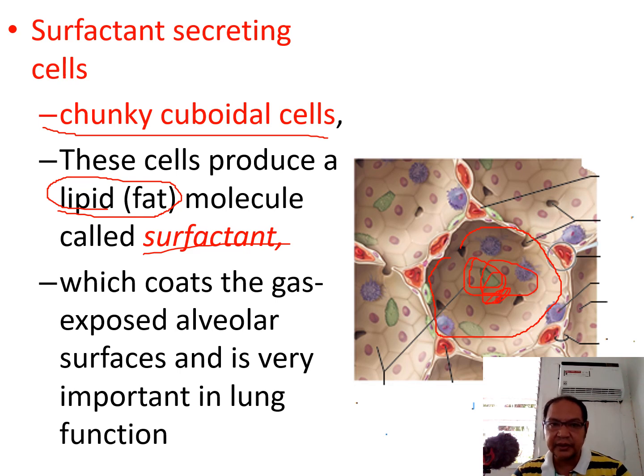This coats the lining to avoid friction when it collapses. When you exhale, there will be no air inside, so to prevent them from sticking to each other, there is surfactant.